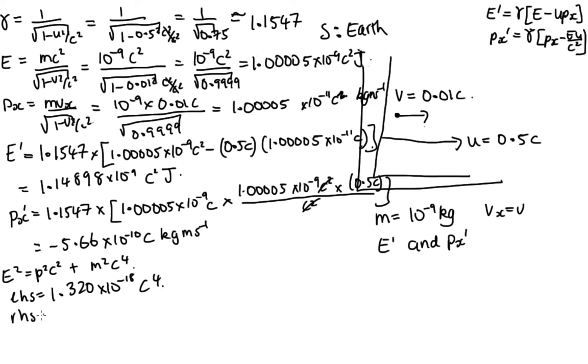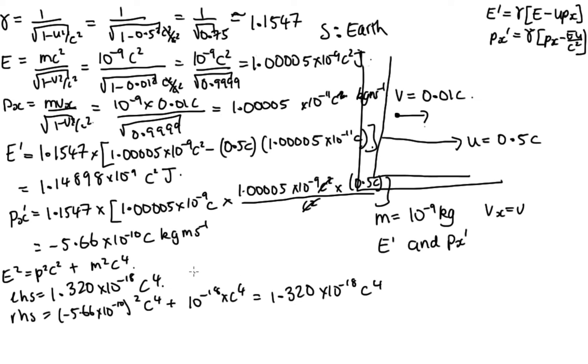On the right-hand side, we need p squared, so minus 5.66 times 10 to the minus 10 squared times c to the 4, because it's c squared times c squared, plus 10 to the minus 9 squared, so that's 10 to the minus 18 times c to the 4. Solving that one on the calculator, we get 1.320 times 10 to the minus 18 c to the 4. So you can see there is agreement here. It does look like we've derived these expressions correctly and answered that question.